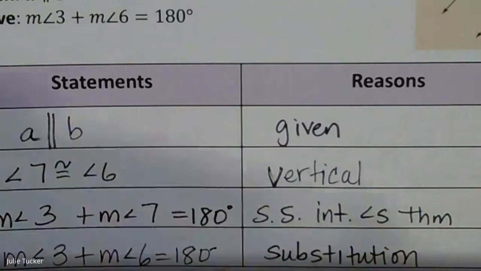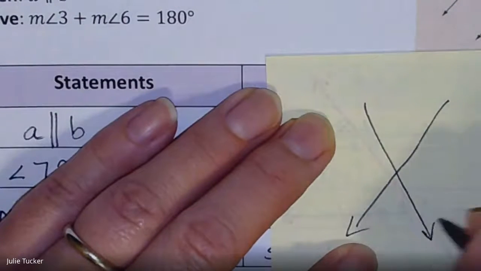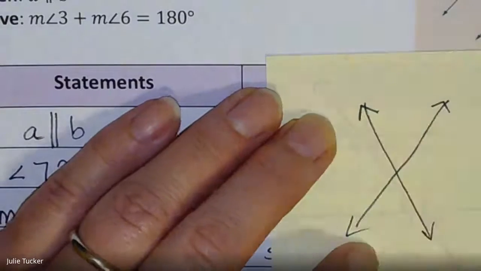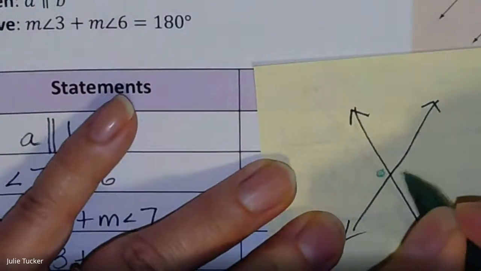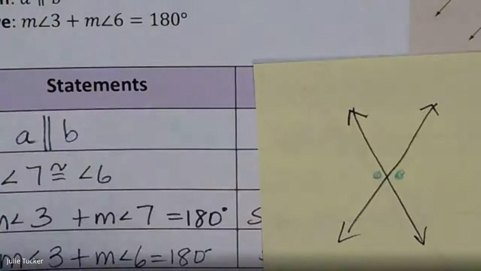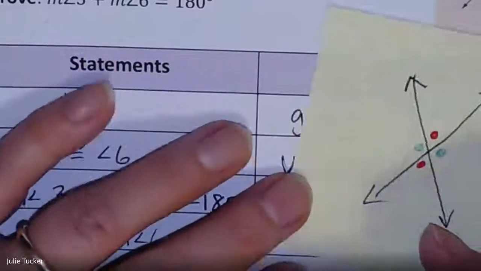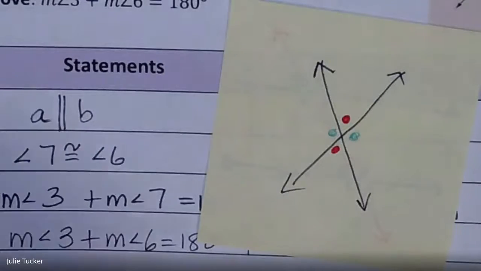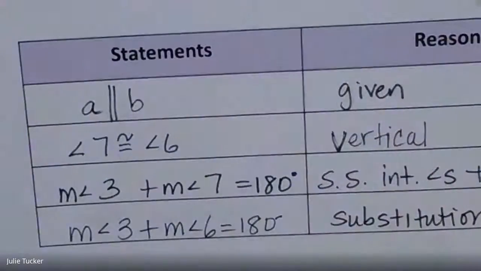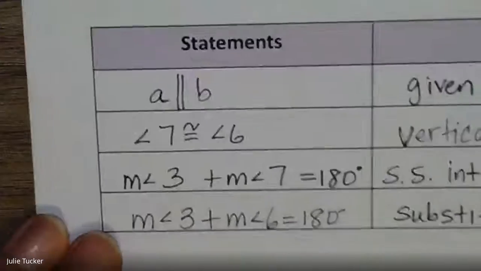So whenever two lines intersect, you have these two angles across from each other are congruent, and you have these two angles across from each other are congruent, okay? And those are called vertical angles. Vertical. Okay, so that proof is done too now.